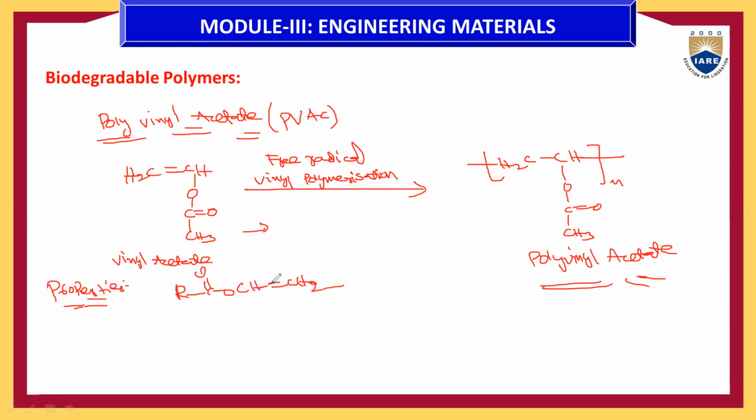If the double bond is not there, then we are making it. So this is the general formula of vinyl esters, R C double bond O OCH double bond CH2. This is the polyvinyl esters formula.